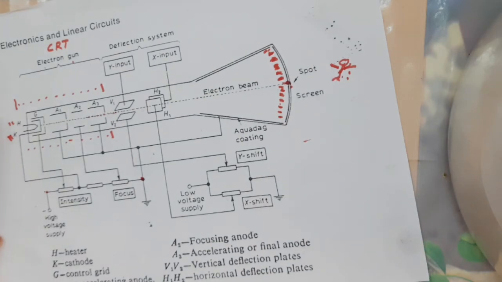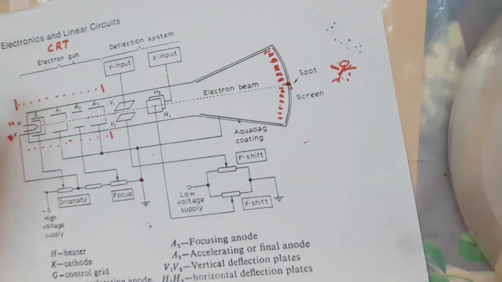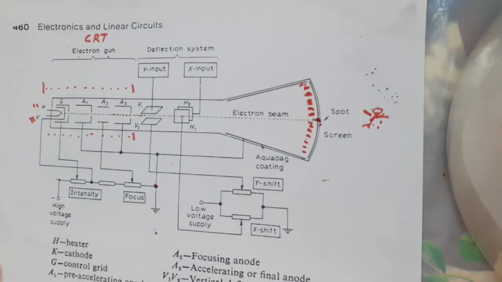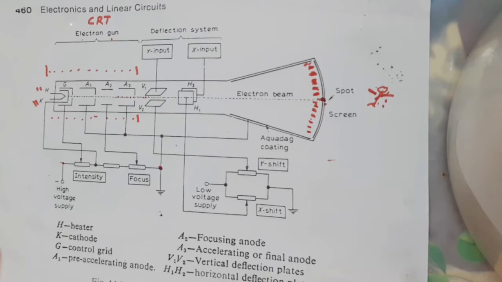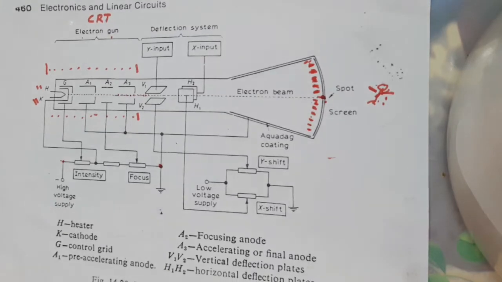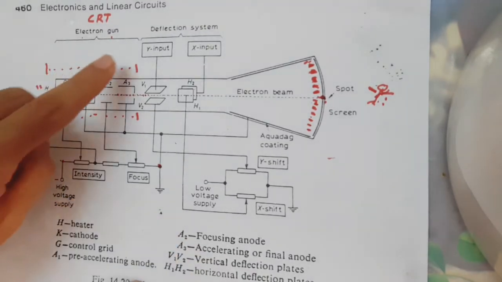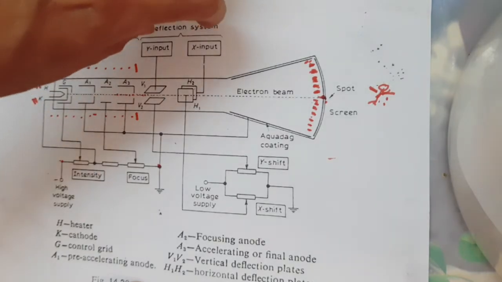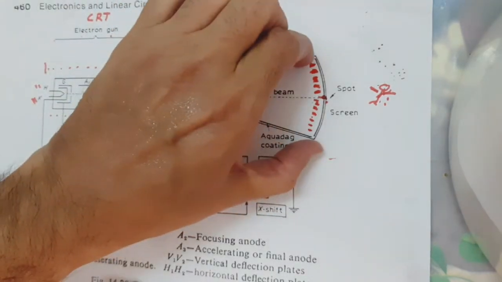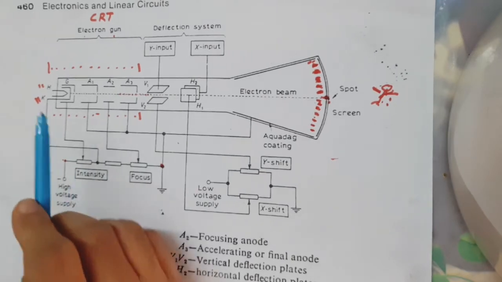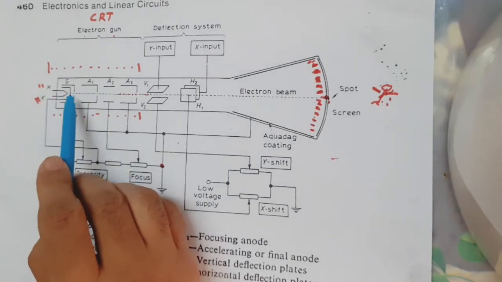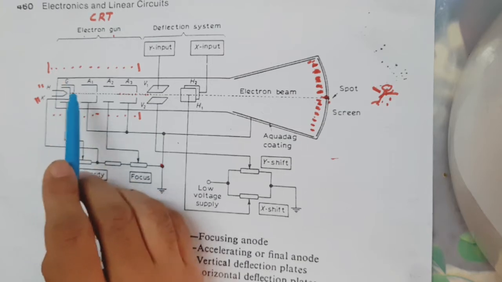Then we discussed the CR tube in the last lecture. This is the block diagram of the CR tube. We already discussed: this is the electron gun, this is the deflecting system, and this is our screen. Here, the heater heats the cathode to generate the beam of electrons.